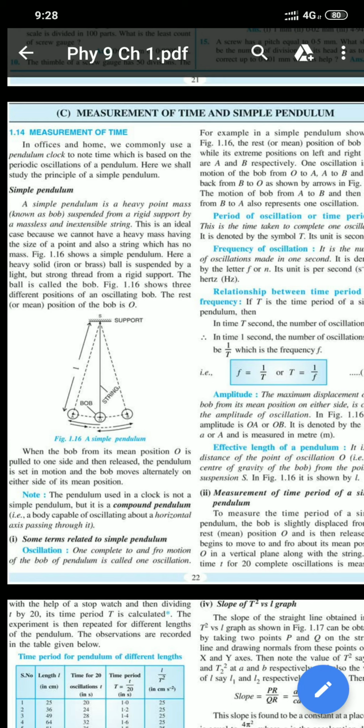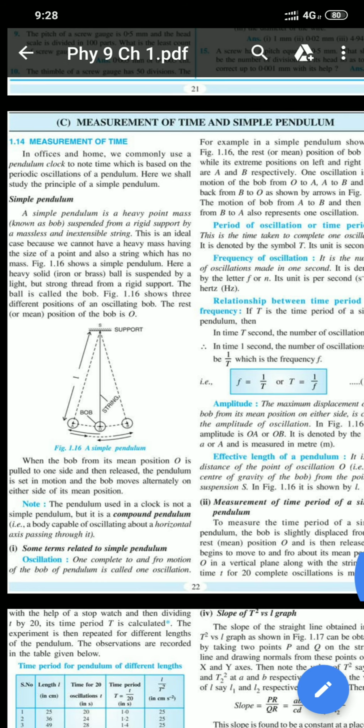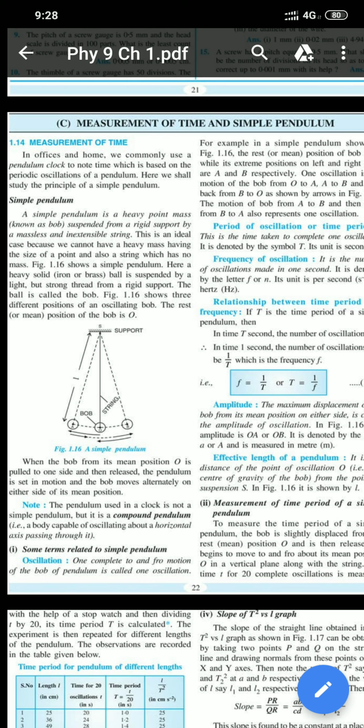So, okay, children, you have studied the simple pendulum in your earlier classes, seventh class also, and I think maybe in sixth or eighth standard also. So, what is a simple pendulum? It is simply a heavy point mass which is suspended with the help of a string which is inextensible and massless, and it is suspended to a rigid support.